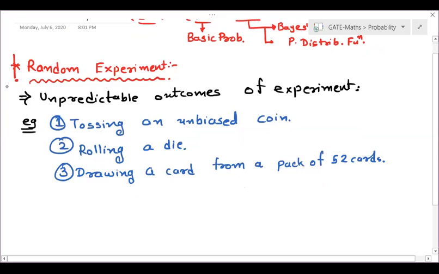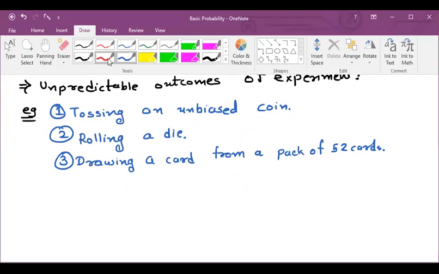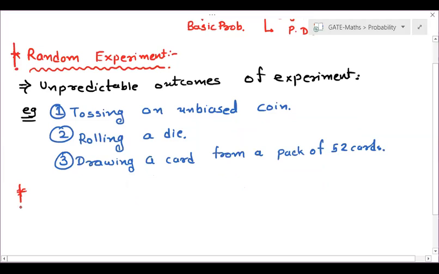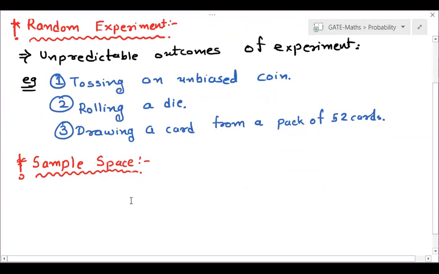Now, next definition: sample space. The collection of all possible outcomes of the experiment is known as sample space. It is noted by S.